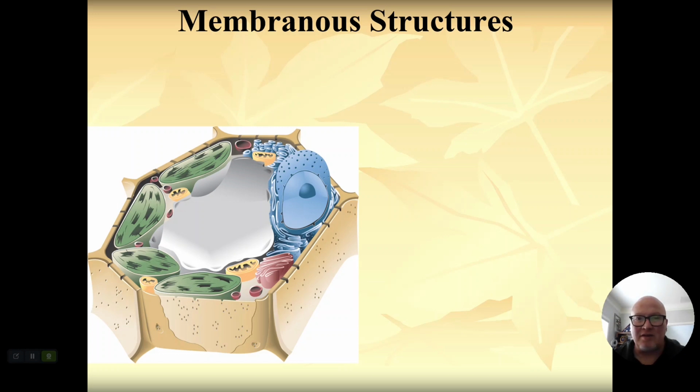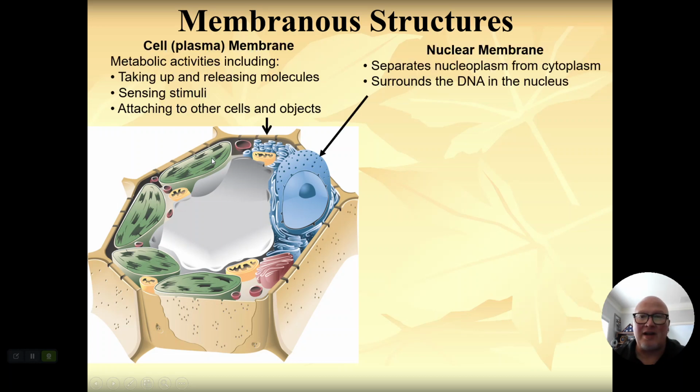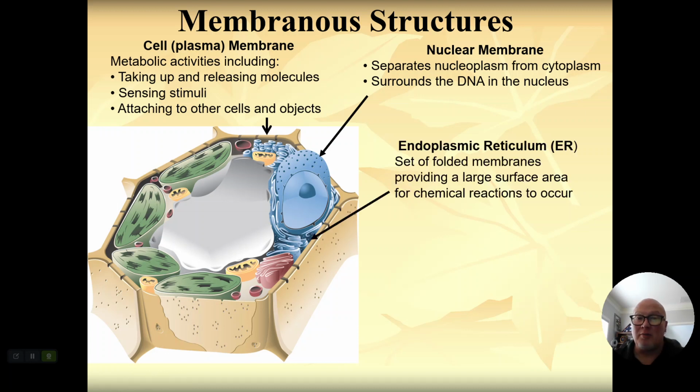We have these membrane structures in eukaryotic cells. You can see the chloroplast in a plant cell, and then we have a membrane around the nucleus, a membrane around the chloroplast, and the Golgi apparatus. We're going to get to all of those organelles in our cell lecture. But all of the structures are surrounded by membranes in a eukaryotic cell.